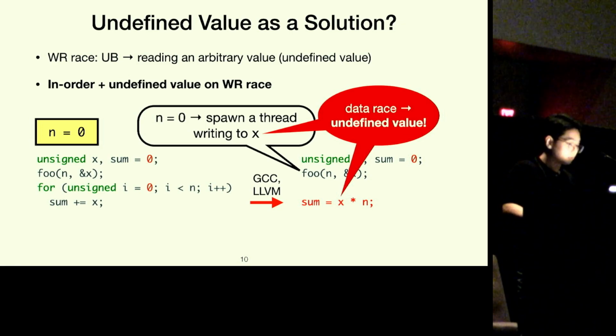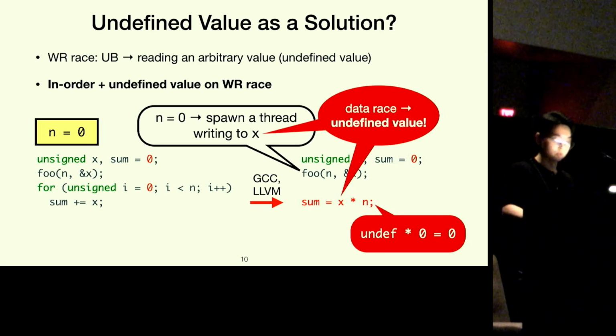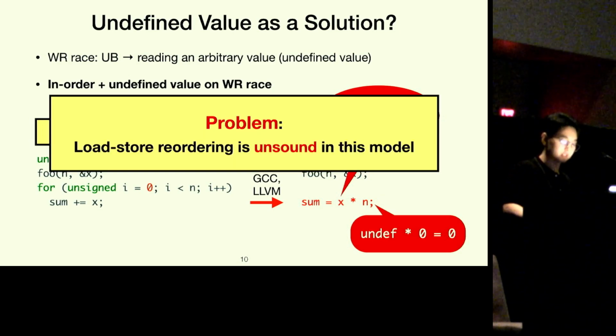Then, the sum variable remains 0 since the undefined value multiplied by 0 is 0, and this time the optimization is correct. However, the problem with this approach is that load-store reordering becomes unsound. I refer to the paper for the concrete counterexample.